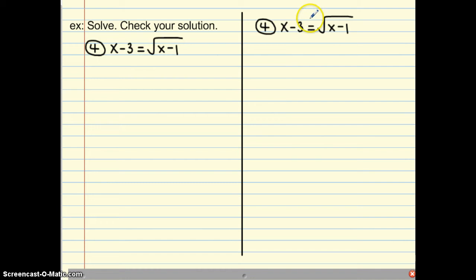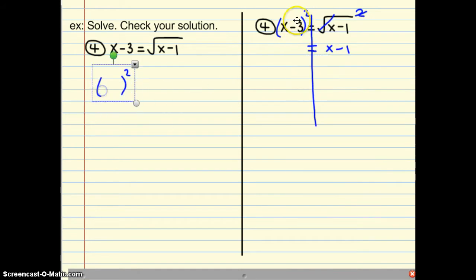Starting again with an additional step this time, we're going to square both sides. And that'll cancel out here, giving us an x minus 1. And then I think I'm going to bring this over so that we can kind of look at it.